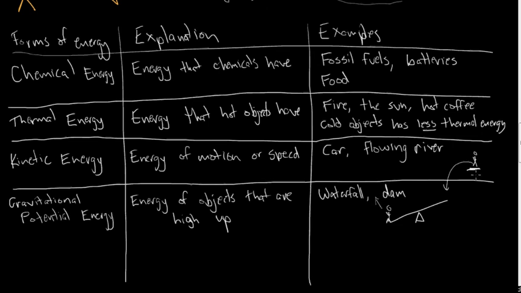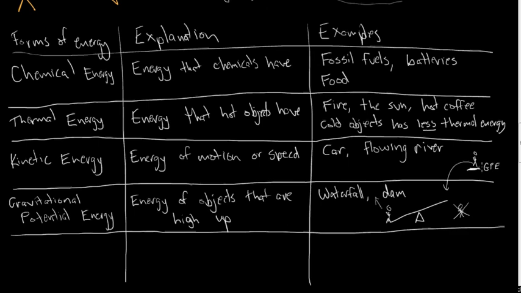That's because starting high up, you have some gravitational potential energy. If the person started down here, this would not work because they don't have energy to get this thing going. So again, when you're higher up, you have more gravitational potential energy.